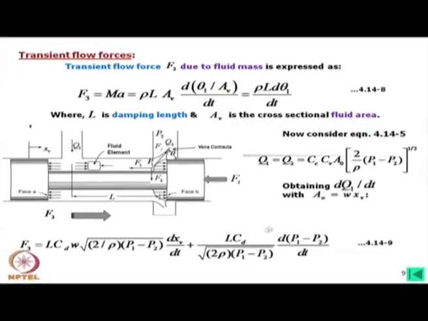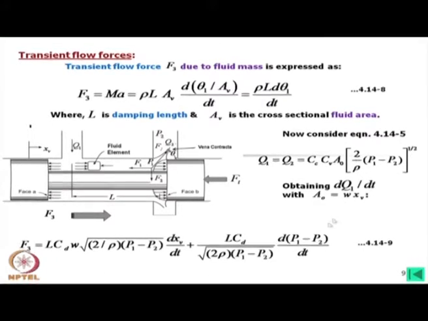Now, for the second part we differentiate 2 by rho P 1 minus P 2 to the power half. Considering this as a function, first of all the whole thing to the power minus half minus 1, so this will be minus half. It will come into the denominator, and this half will come over here, 1 by 2. Then d by dt of 2 by rho into P 1 minus P 2.